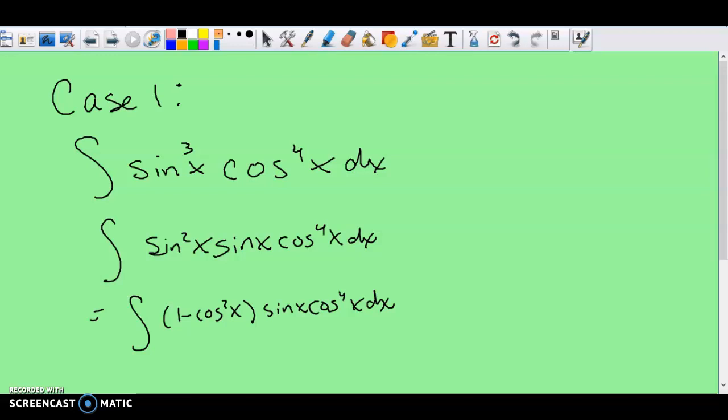So I replaced sine squared with 1 minus cosine squared, kept everything else the same. The next thing I'm going to do is distribute.